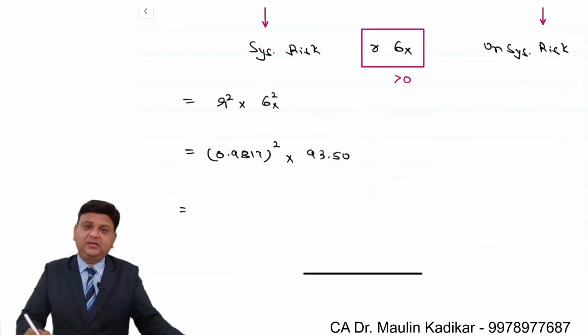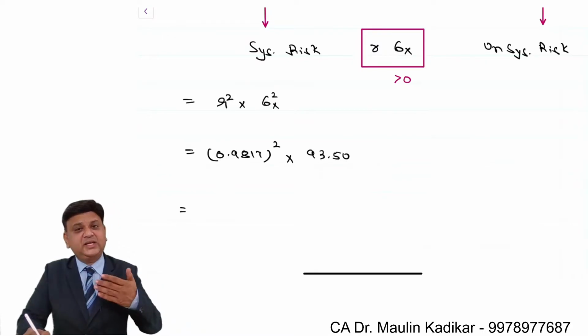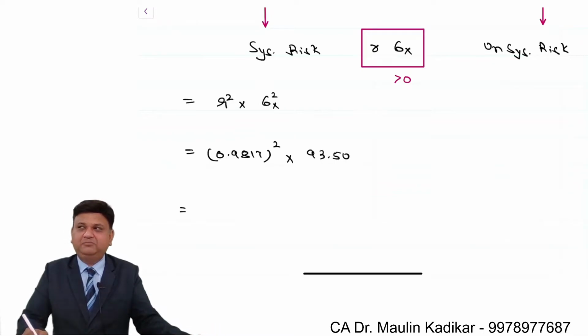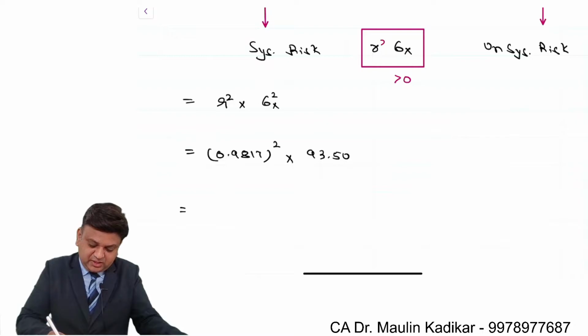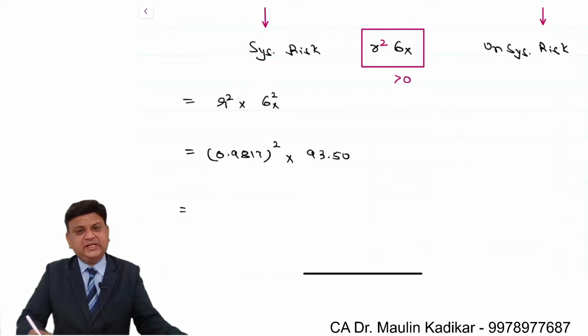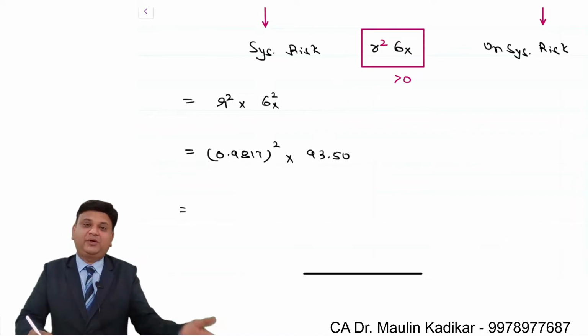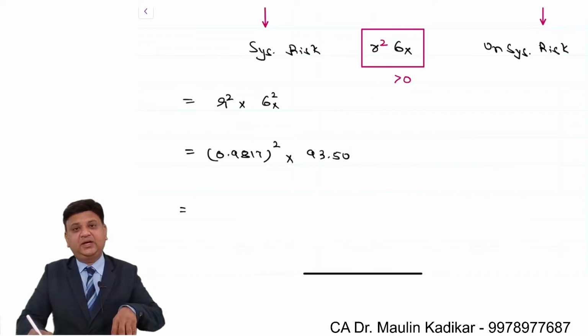That is the reason. It may happen that if R is negative, then the systematic risk would become negative, which is not possible. So we are making a square over here. When you make a square, the negative value will also become positive, so we will always be able to calculate the systematic risk as positive.